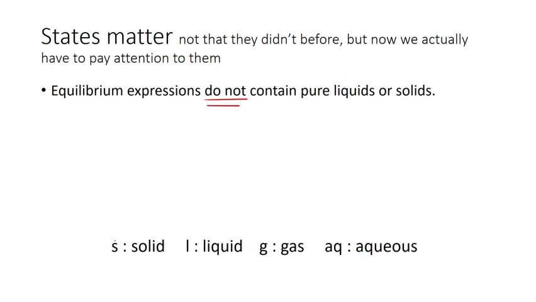And remember that, so our abbreviations here are S for solid, L for liquid, G for gas, and AQ for aqueous. So that is something dissolved in water. So equilibrium expressions do not contain either of these first two things. Anything that is listed as a pure liquid or a pure solid does not appear in an equilibrium expression.